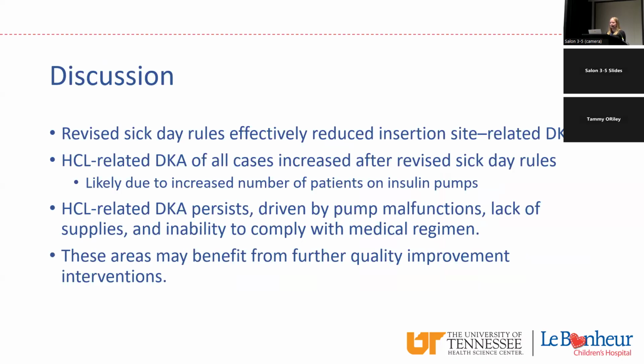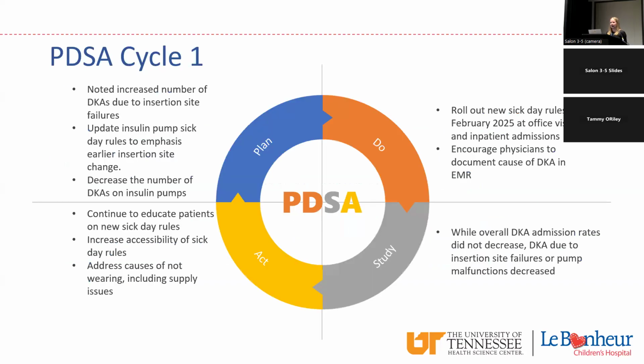We know that insulin pump related DKA still persists, and we have several opportunities for further PDSA cycles to try to impact that, including areas such as lack of supplies and pump malfunctions. We want further quality improvement projects to target those areas. So this is bringing back up that first PDSA cycle I showed you.